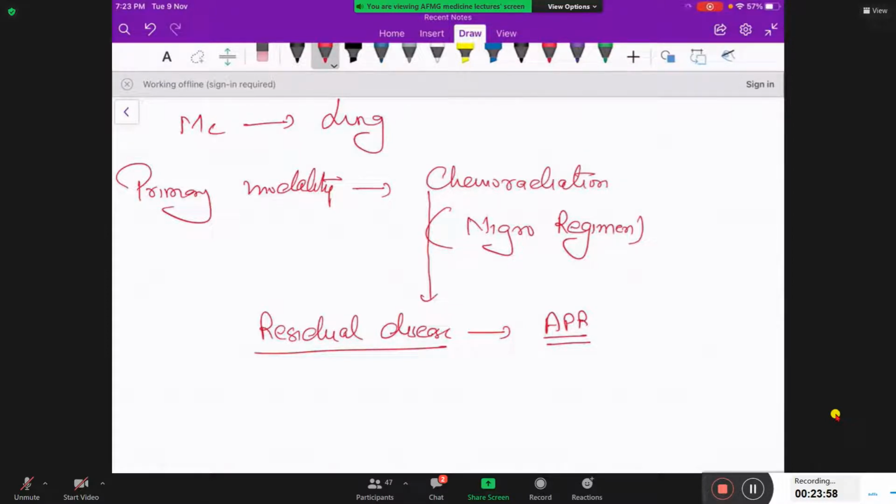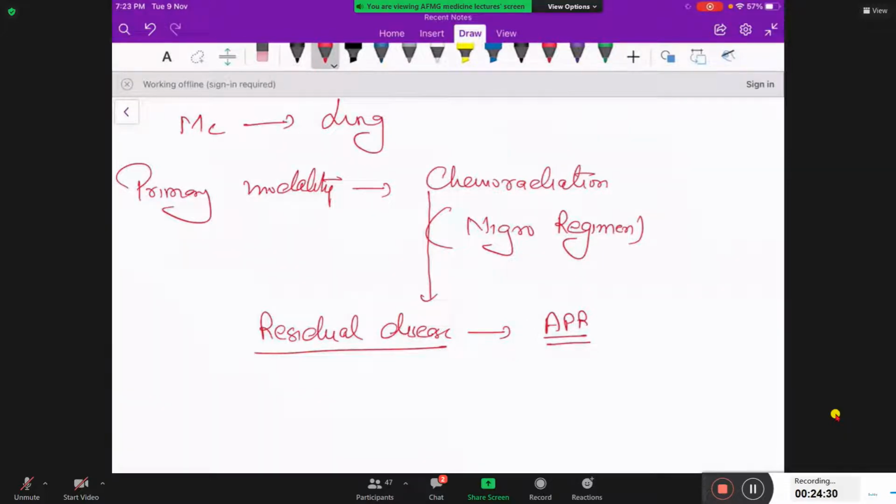A patient comes to you with a complaint of something coming out of the anus, which occasionally bleeds also, and the patient says that he has loss of appetite too. So you did a rectal examination.